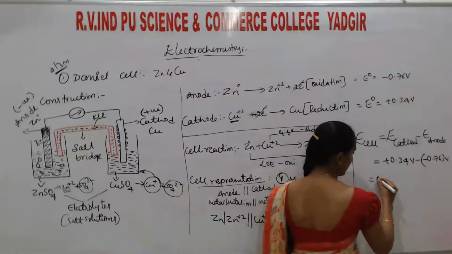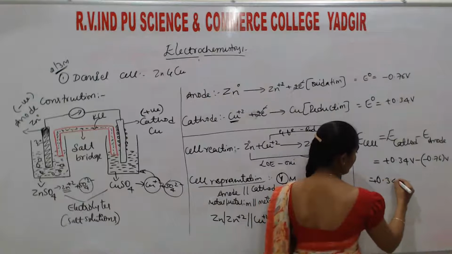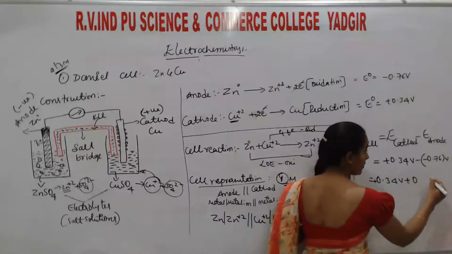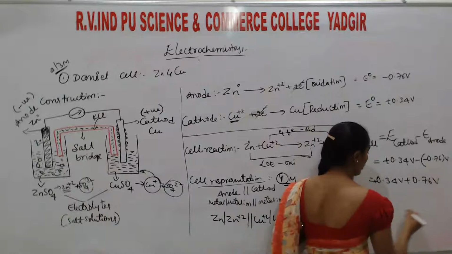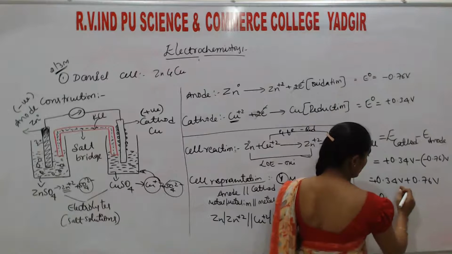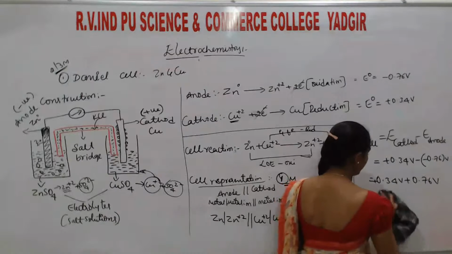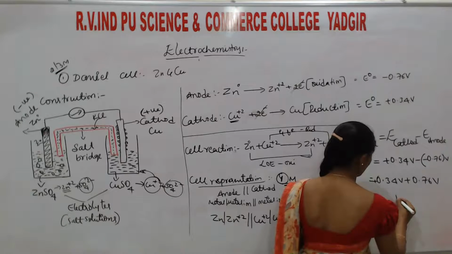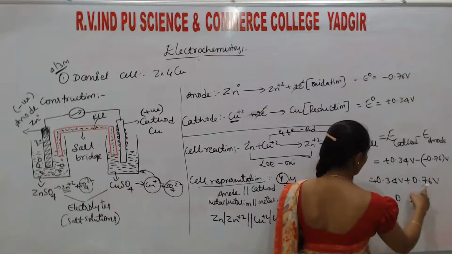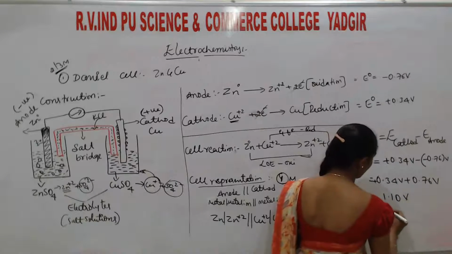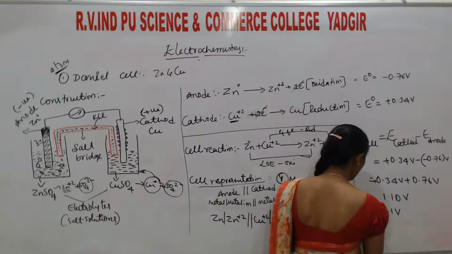Just add here: plus 0.34 volt, and minus into minus is plus, plus 0.76 volt. So that is 1.10 volt. E cell.